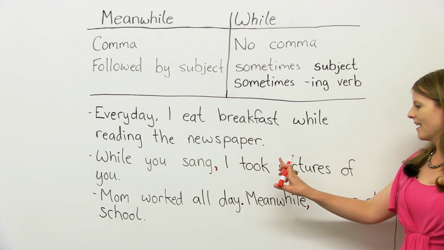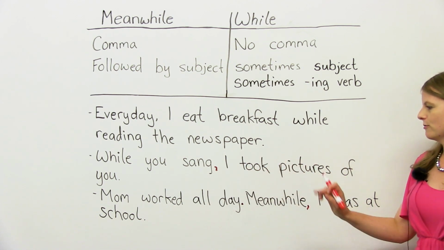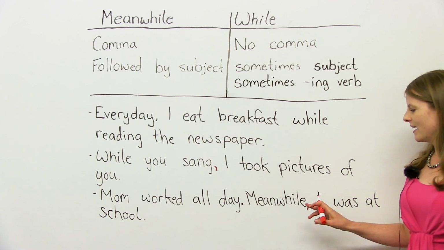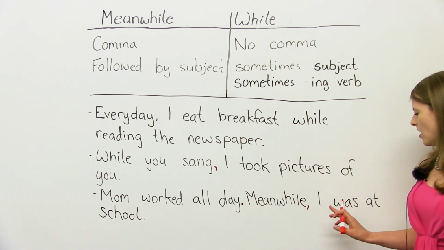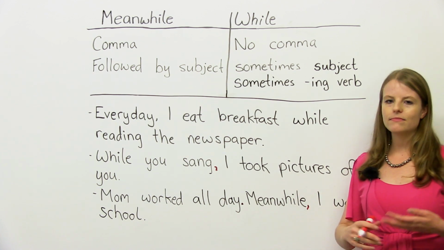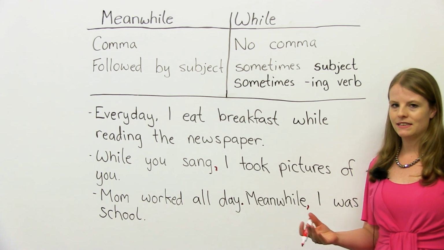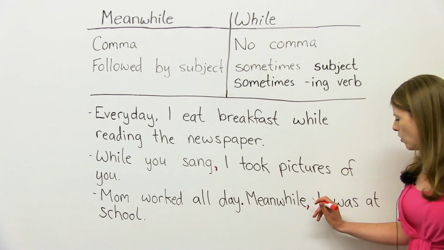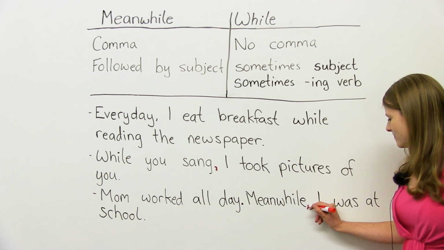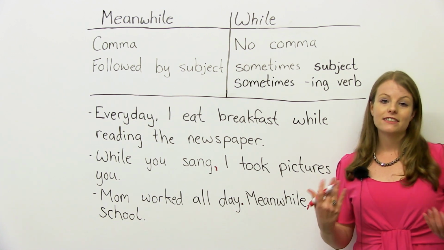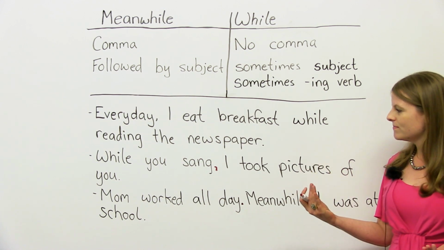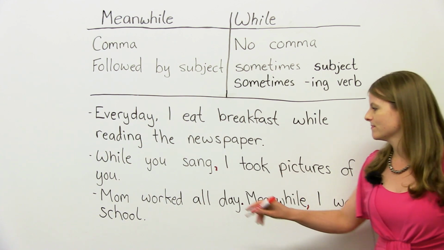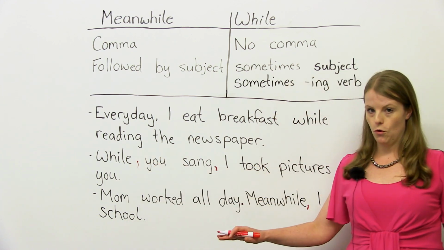While you sang, I took pictures of you. Mom worked all day. Meanwhile, I was at school. So what can you notice about commas? There is a comma always after meanwhile. Okay. So that's a difference. With while, is there a comma right after while? Like this? No.